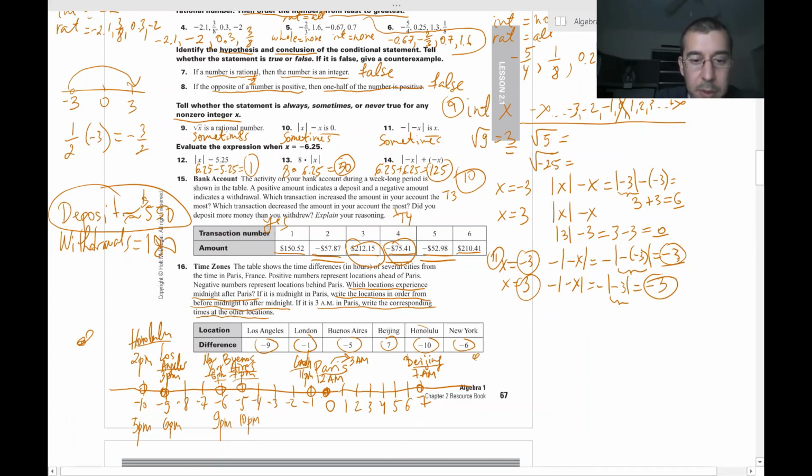When you add 3 hours, it would be 1 hour to midnight and then 2 hours after midnight. So it would be 2 a.m. at London. Paris, 3 a.m. And then Beijing, it's 7 a.m. When you add 3 hours, it would be 10 a.m. That's the answer to the third question.